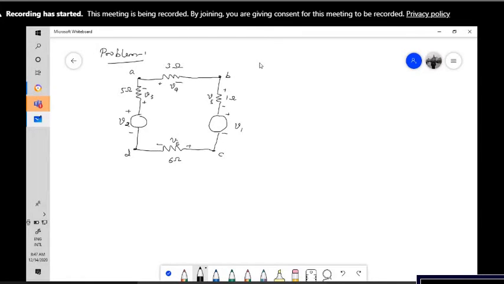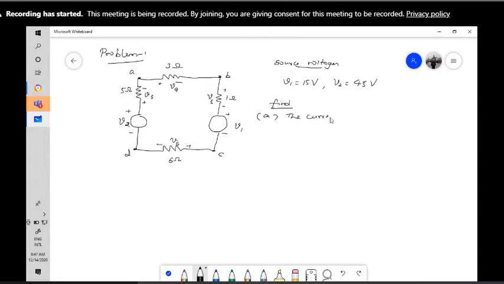So everything I am writing now is actually part of the question. In the following circuit diagram, the source voltages are given to you. V1 is equal to 15 volts and V2 is equal to 45 volts, and you need to find the current from point A to B in the circuit.